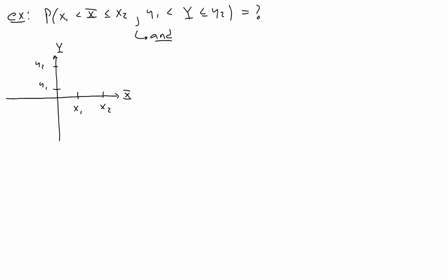What we're looking for is the probability of my random variables x and y simultaneously falling within that red hatched area. That's what we're looking for. Okay?